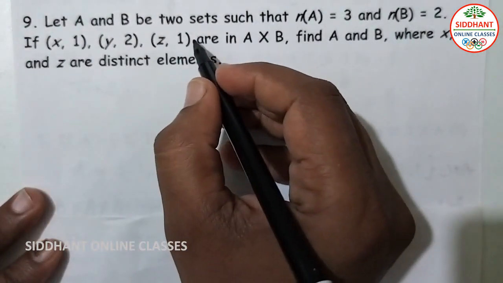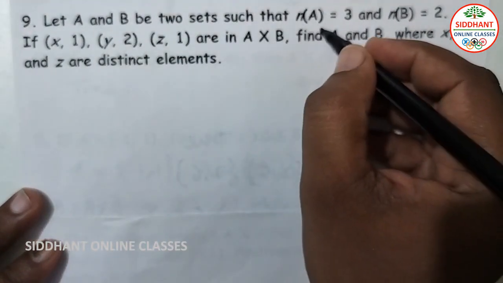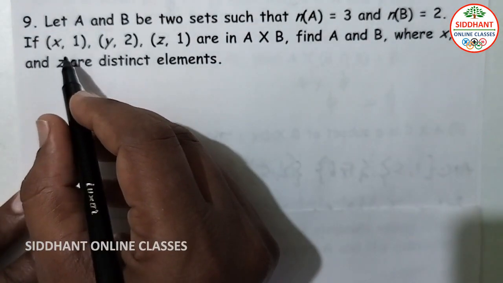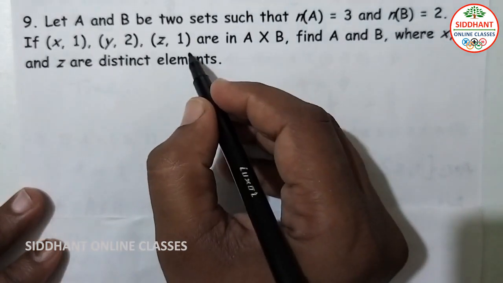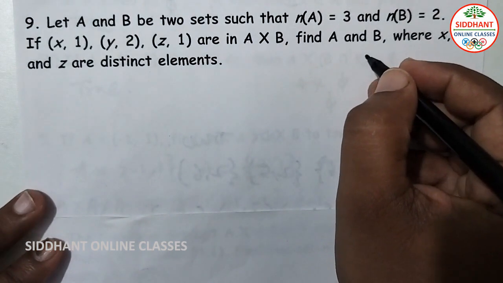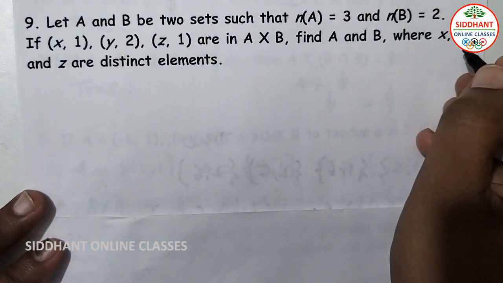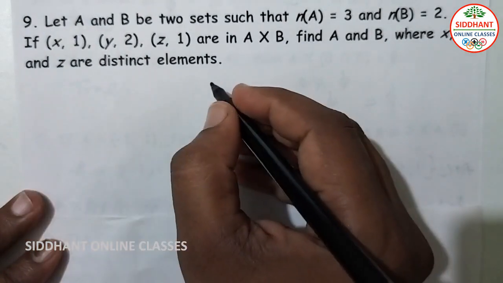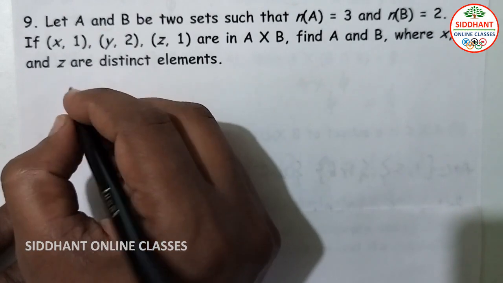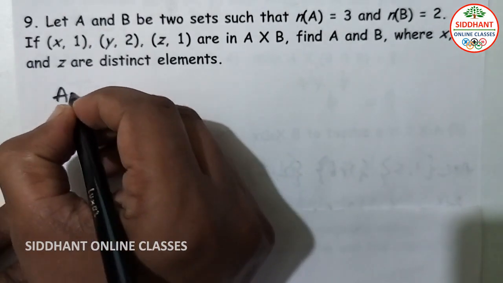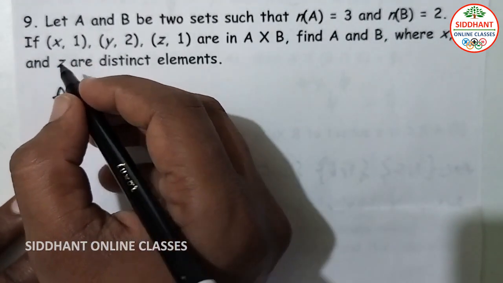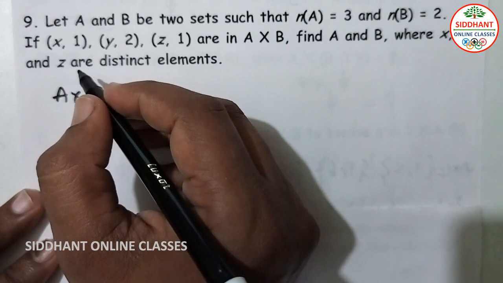Question number 9. Let A and B be two sets such that A set has 3 elements, B set has 2 elements. If x, 1, y, 2, z, 1 are in A cross B, find A and B where x, y and z are distinct elements. So here A cross B, the first element will belong to A set, second element will belong to B set.